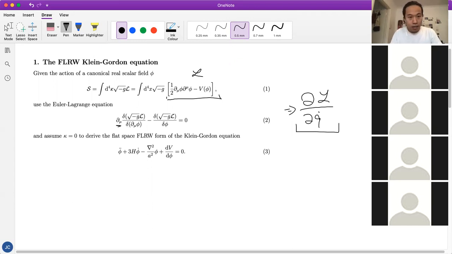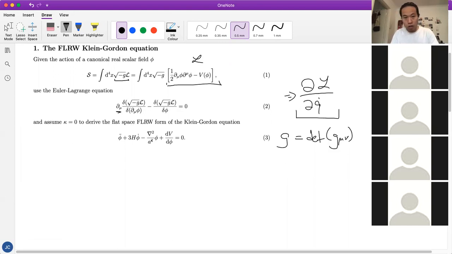Okay, anyway, hopefully you've seen this notation before. If you just write it as g here, that just means the determinant of your metric, g mu nu. So might as well get the determinant out first. Your g mu nu in this case in FLRW is just going to be the diagonal 1, minus a squared, minus a squared, minus a squared.